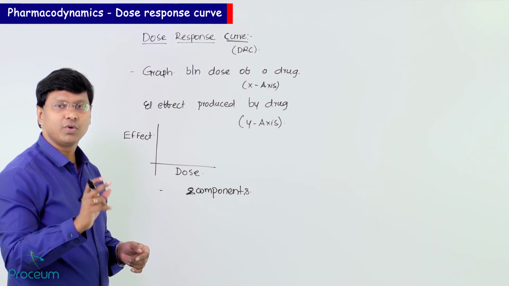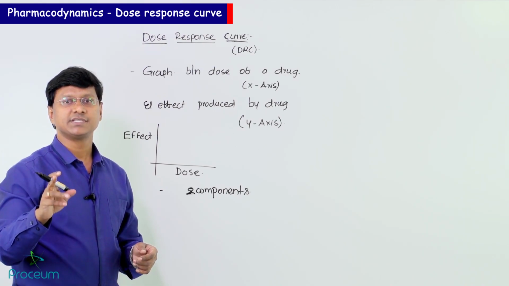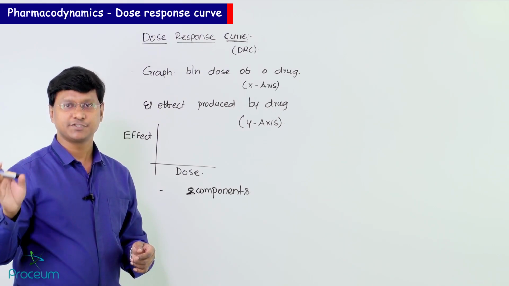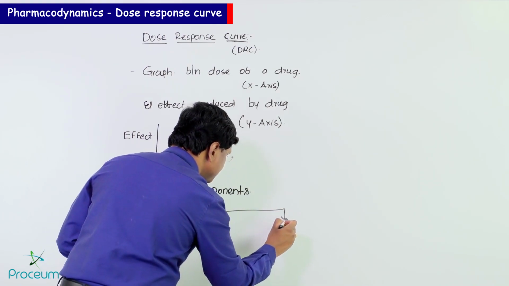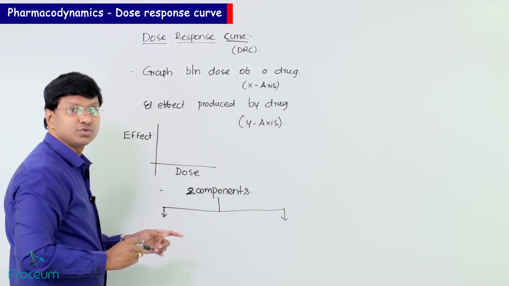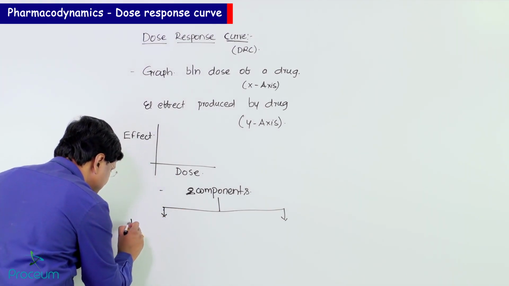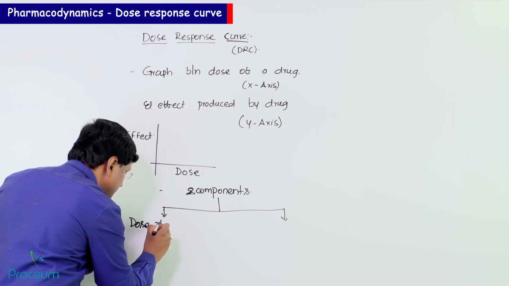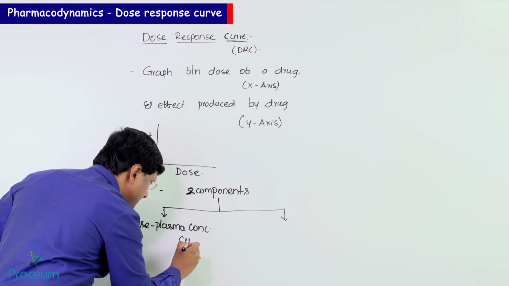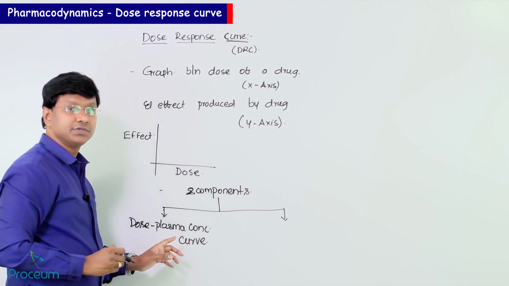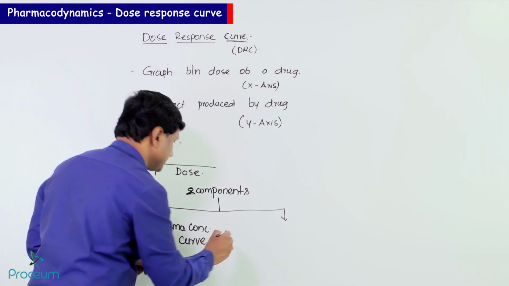One is the dose plasma concentration curve, and the second one is the plasma concentration response curve.